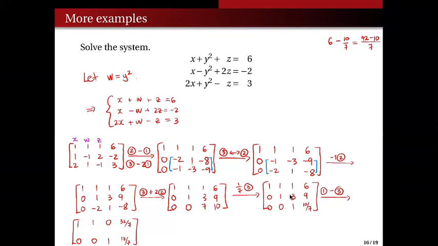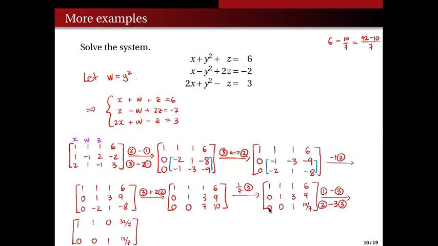For row 2, we want to make this entry here 0. So we replace row 2 by row 2 minus 3 row 3. So row 2 minus 3 row 3.